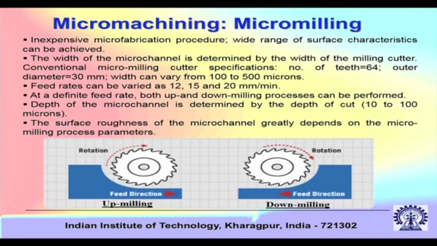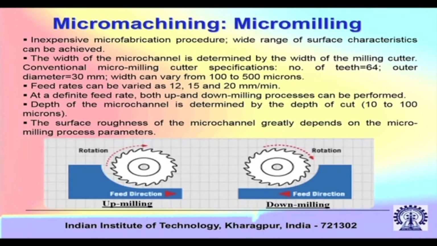The width of the micro channel is determined by the width of the milling cutter. So if you have a small width milling cutter, and these are available, you can make small width micro channels. Conventional micro milling cutter specifications, these are typical to what we have used in our lab, so do not generalize it.